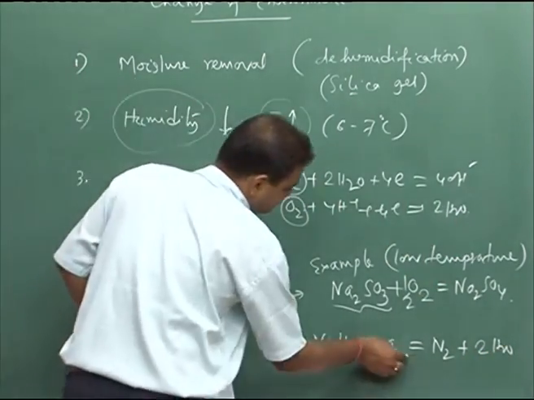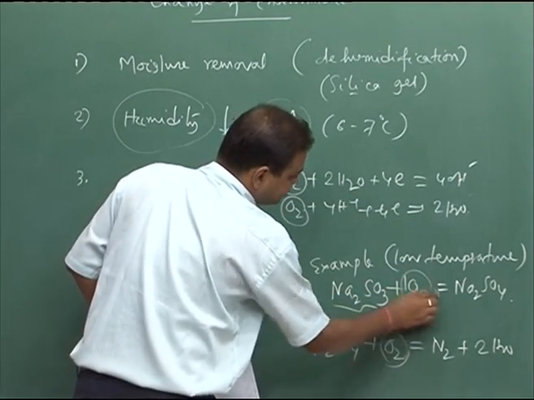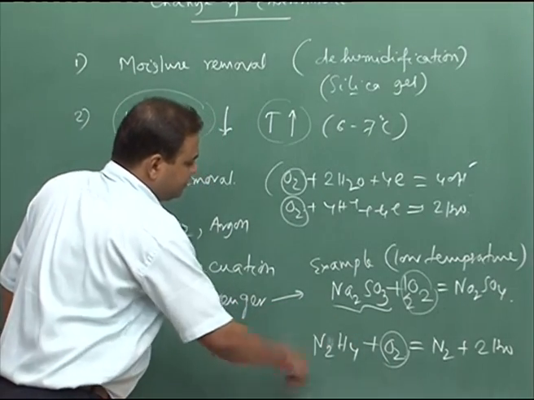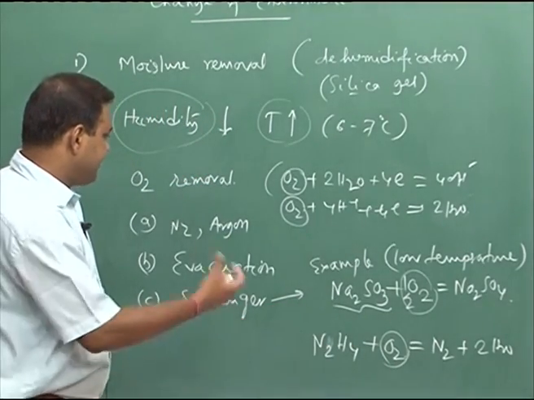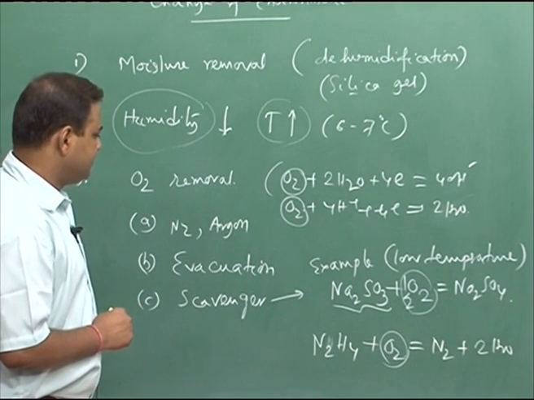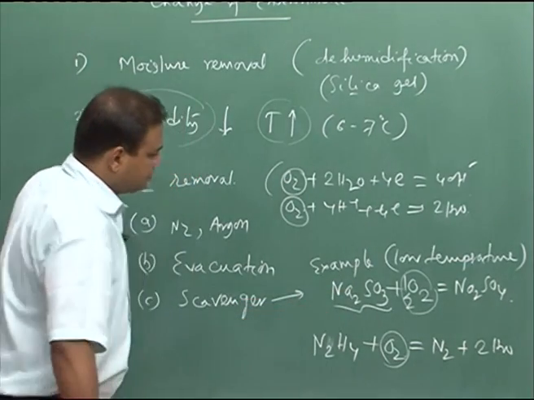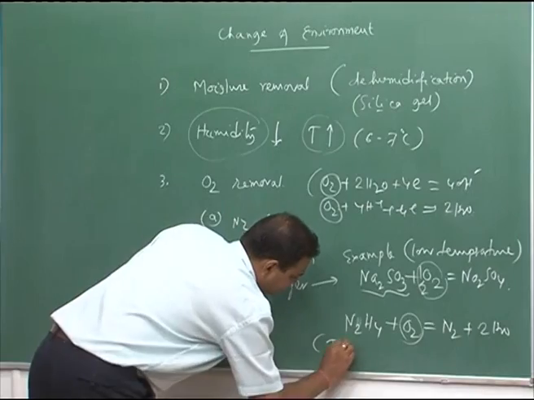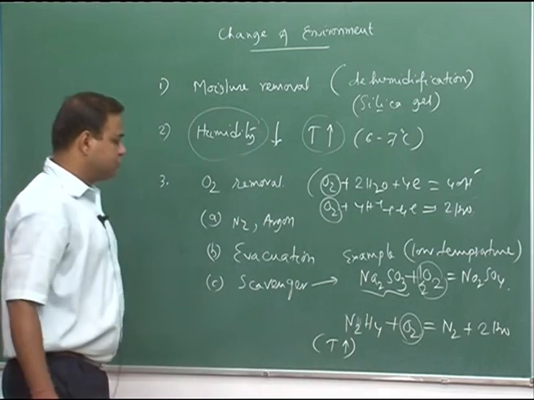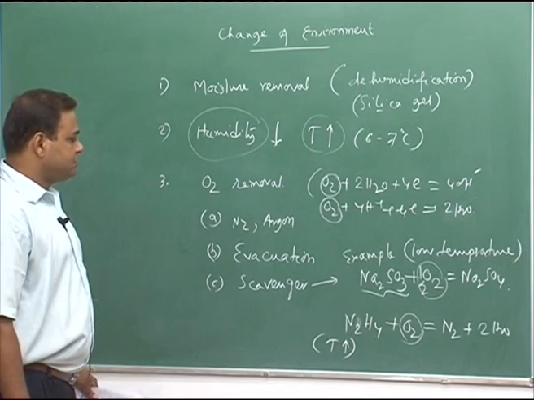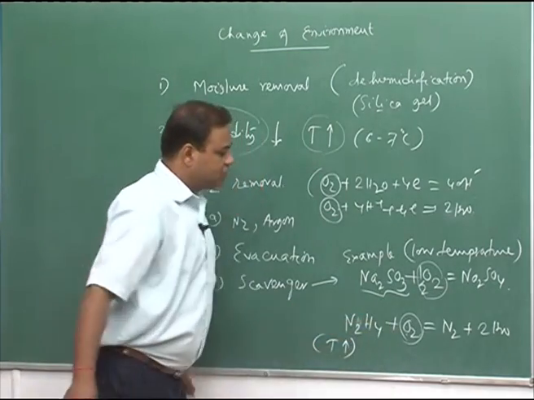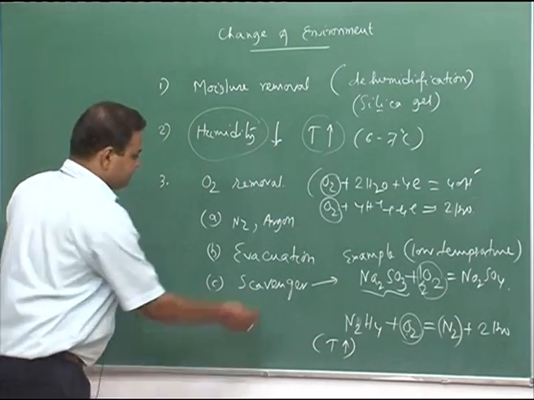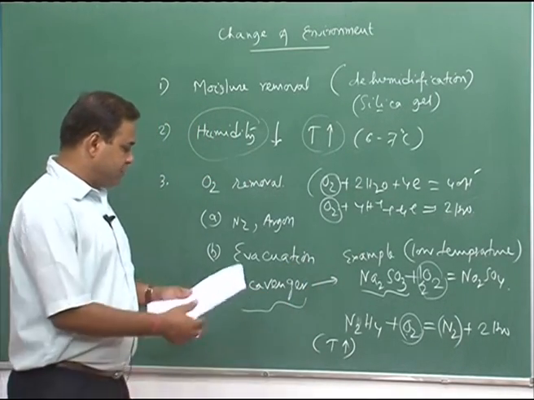So, the dissolved oxygen will be taken out from the system by these two molecules. When the temperature is a little high, one can use hydrazine, which will take care of dissolved oxygen, and this nitrogen also would have the purging effect. So, this is the effect of scavenger.